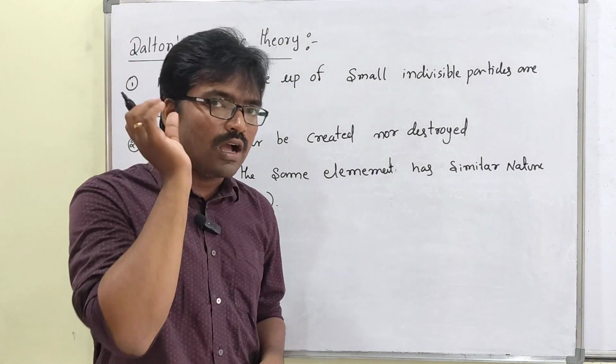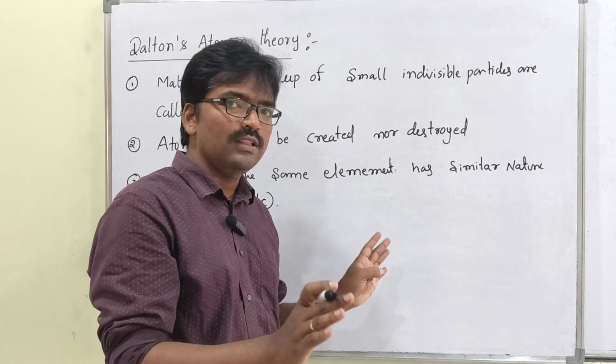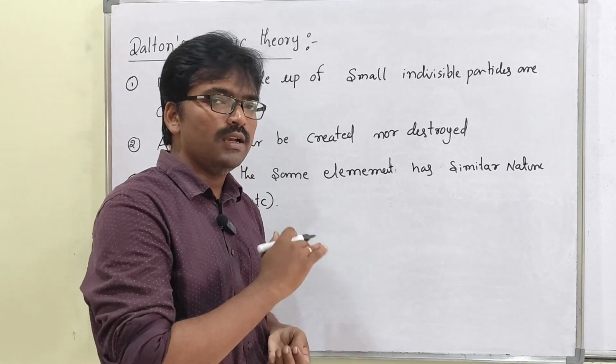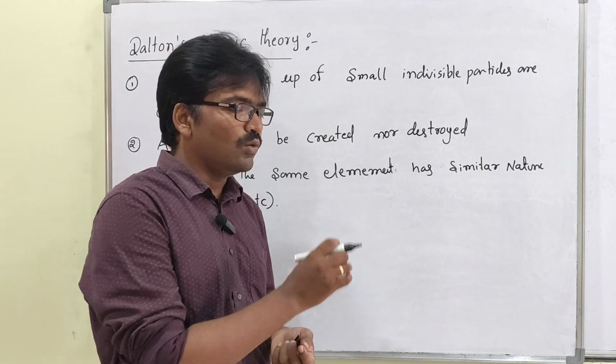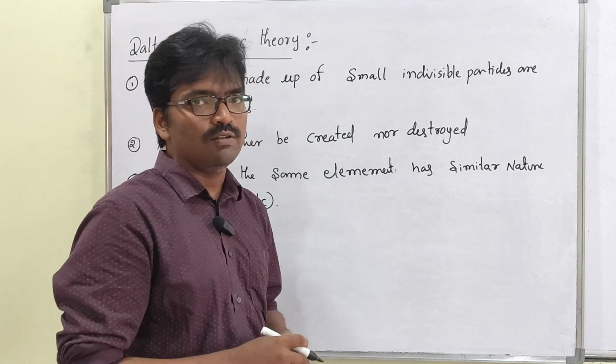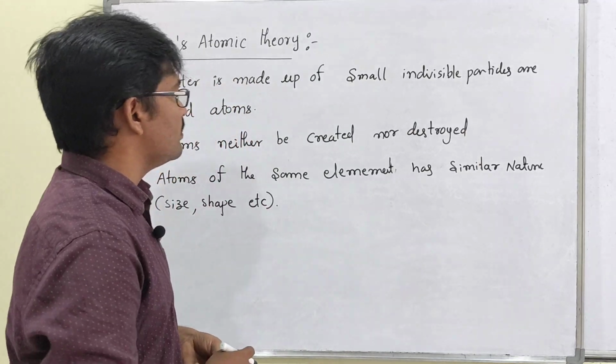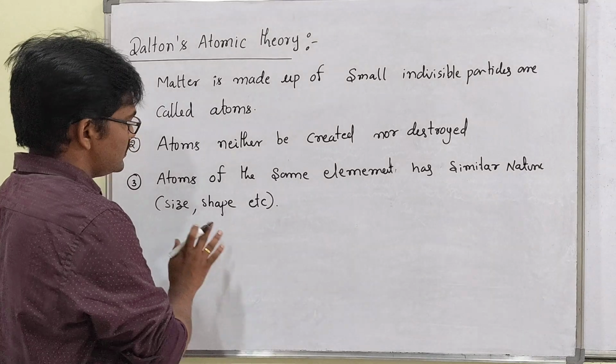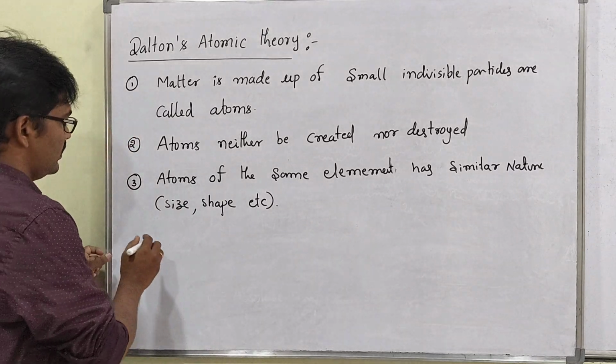For example, if you take copper, all are the same element. Iron, all the same element. If you take only oxygen, only oxygen atoms will be present. Such atoms have similar nature; size and shape are the same.